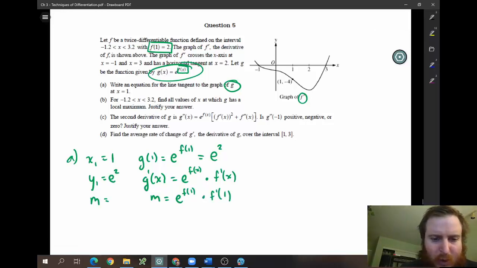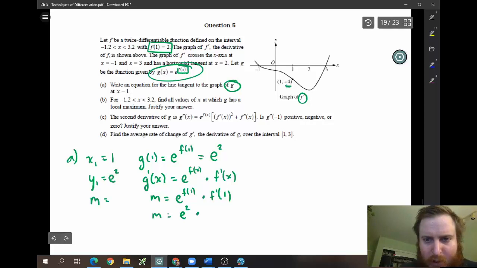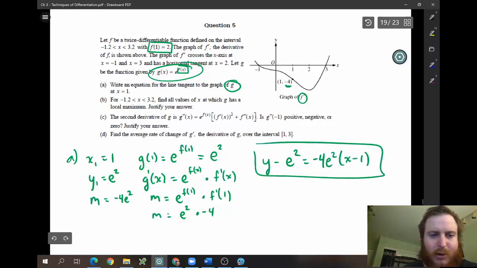Now, e to the f of 1, we just said f of 1 was 2, so that's e squared, times f prime of 1, which is negative 4. So it's going to be negative 4 e squared. So we're going to write this as y minus e squared equals negative 4 e squared times x minus 1. And that's our answer. It's a weird looking answer, but that's correct.